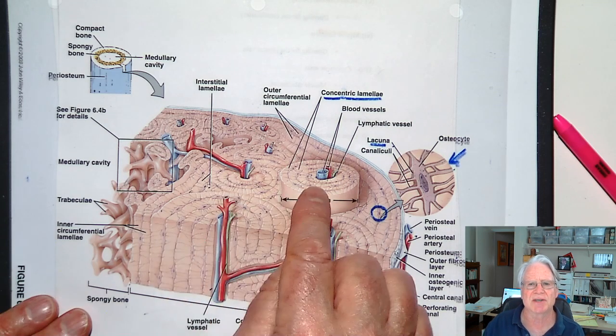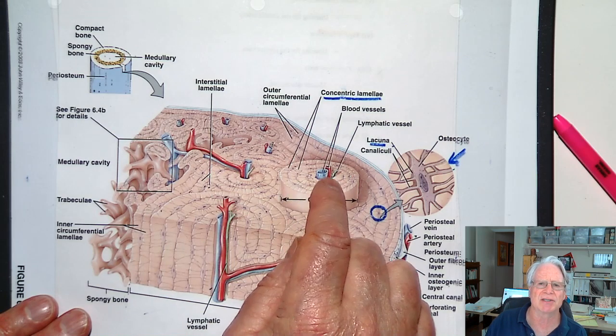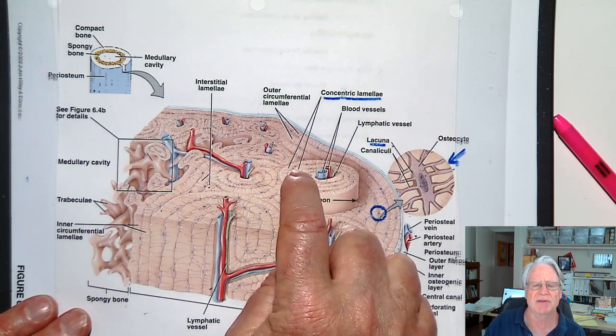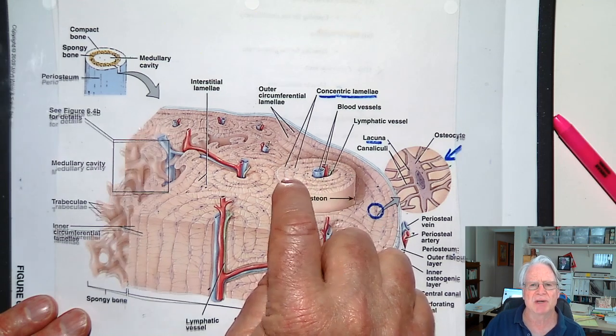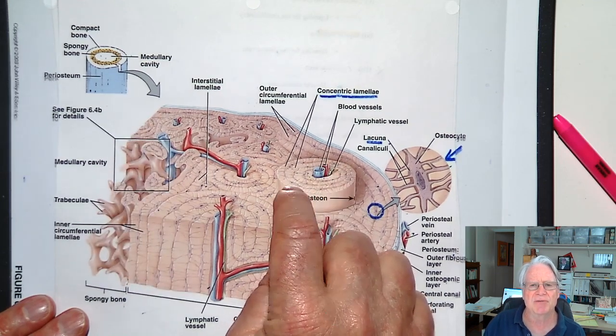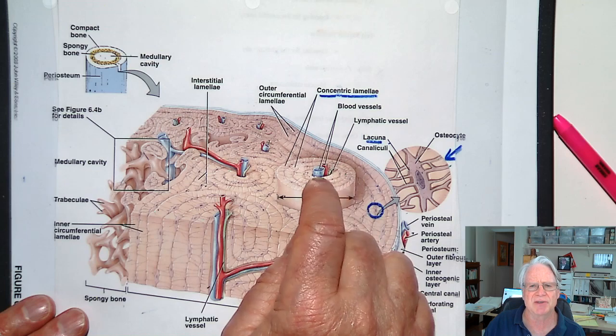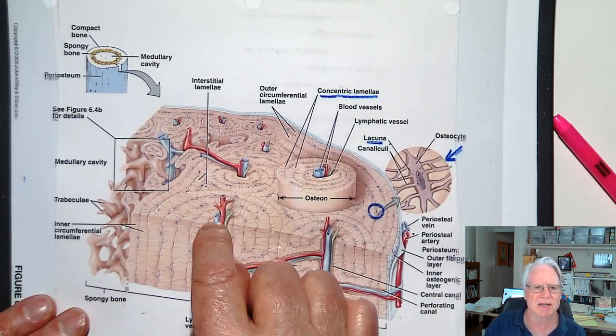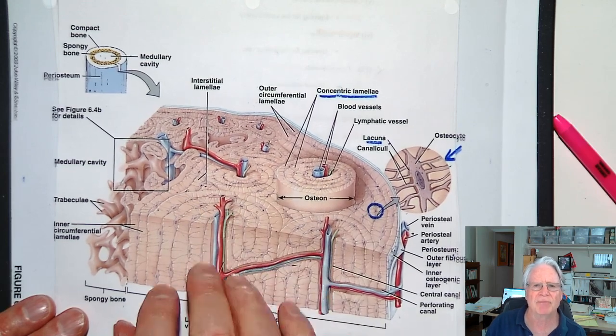So you have the osteon, and surrounding that central canal are a series of concentric rings of matrix of bone tissue, forming a ring around the central canal, much like a bullseye, where you have the center of the bullseye and then the circles around it.